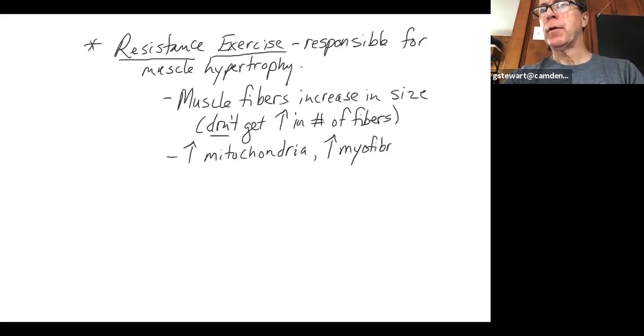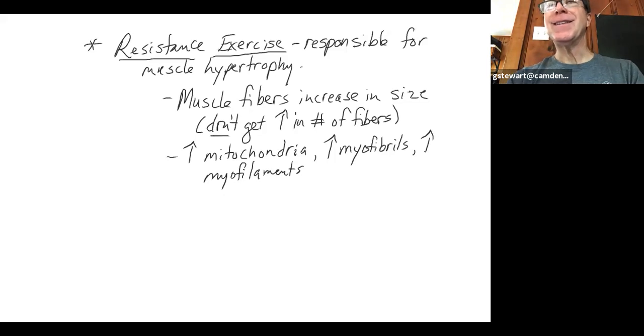We also, and this is really significant, increase the number of myofibrils within each fiber. Remember, a myofibril is a specialized organelle that contains myofilaments. Just to remind you, myofilaments, think myosin and actin. Titin, that elastin, is also a myofilament. We didn't talk about that very much.